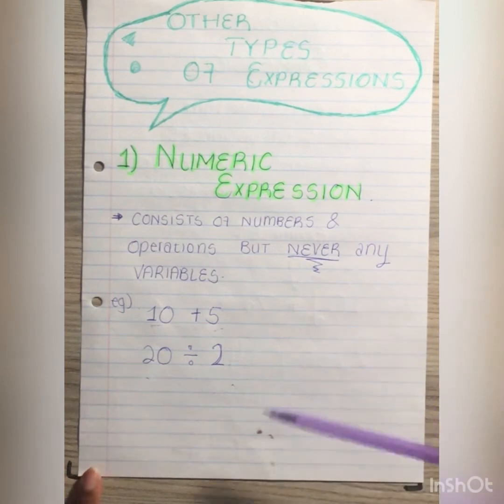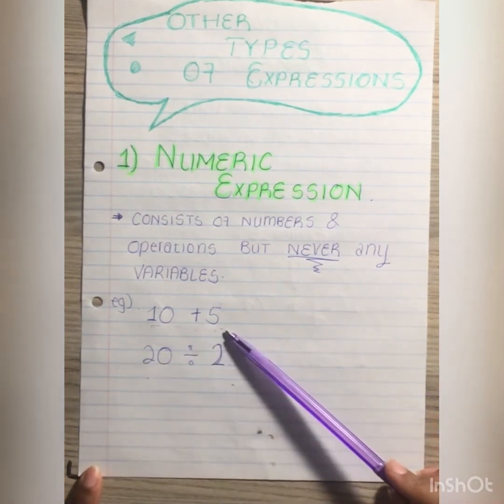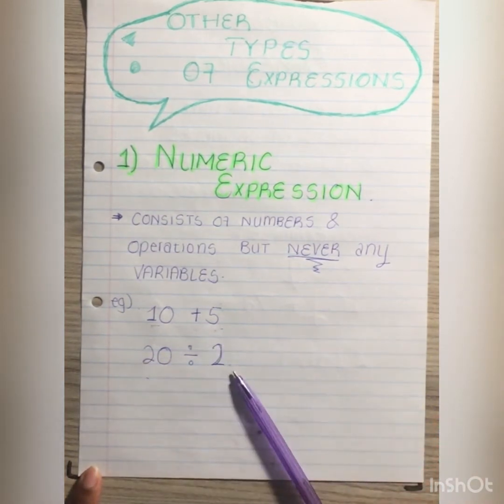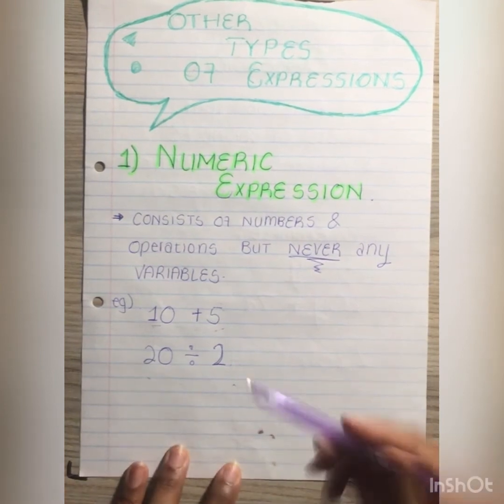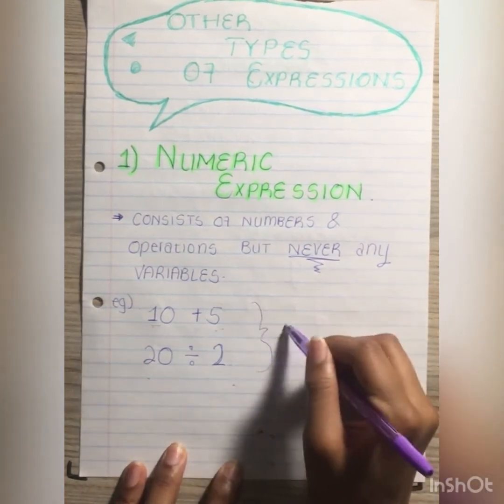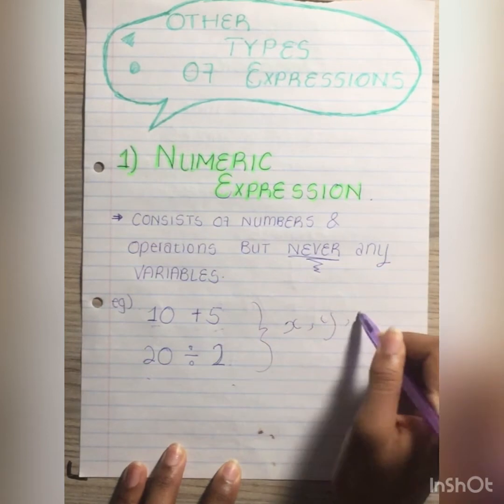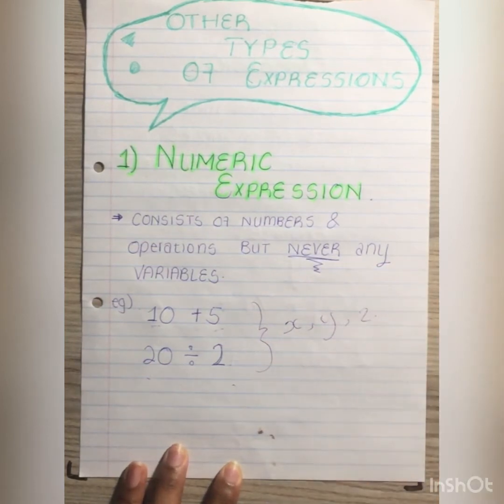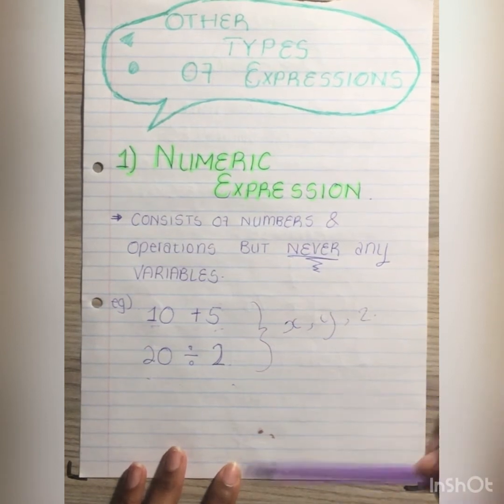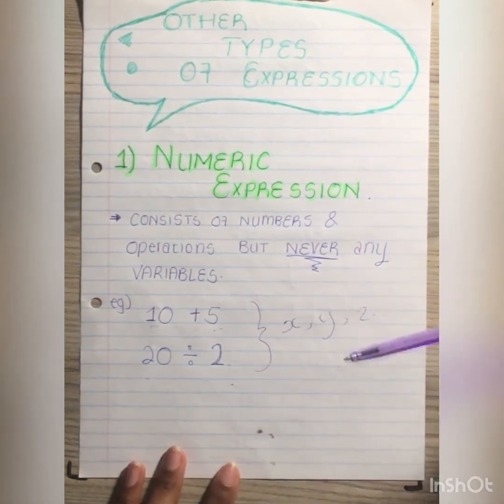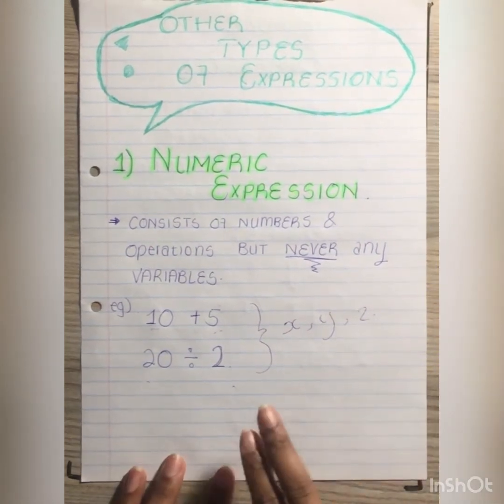So as you can see from the example, we have 10 plus 5, we have 20 divided by 2, and as you can see here, there's no x, y, z, a, b, or anything, because numeric expressions only consist of numbers and operations, okay?